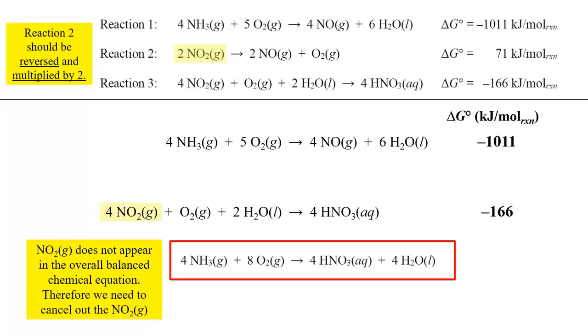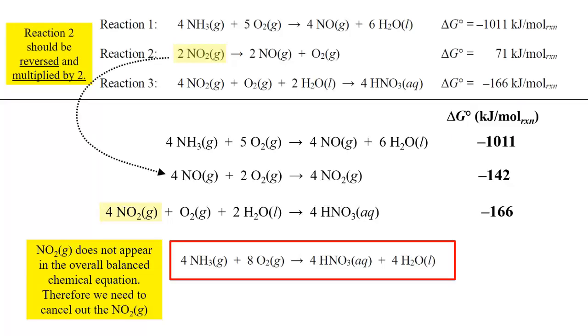So here comes the change to reaction 2. Now I have reversed it, so I have 4 moles of NO and 2 moles of O2 now on the left, and I have 4 moles of NO2 on the right, which is exactly what I need to get the NO2 to cancel. But what happened to my delta G?